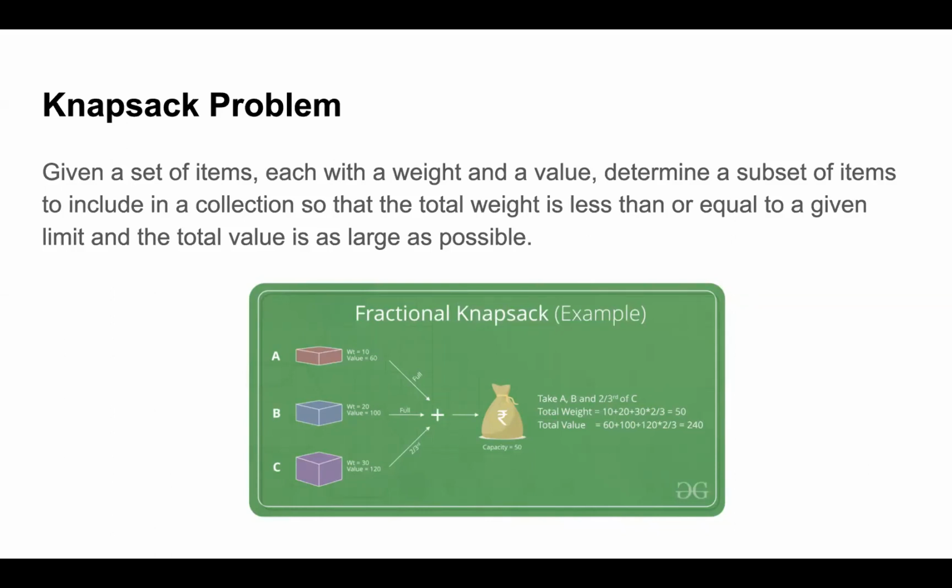Instead of that, if it is the simple knapsack problem, what we can do is, for maximizing the profit, we will put A and C, or we will put B and C to maximize the profit. How will the maximized profit be measured? Here the value is 100, that is, the profit is 100 for B, and the profit for C is 120.